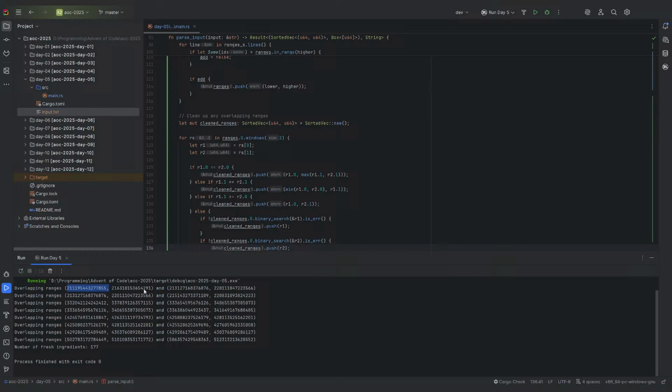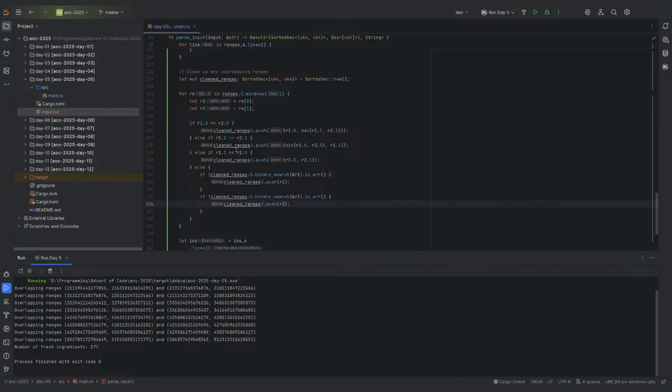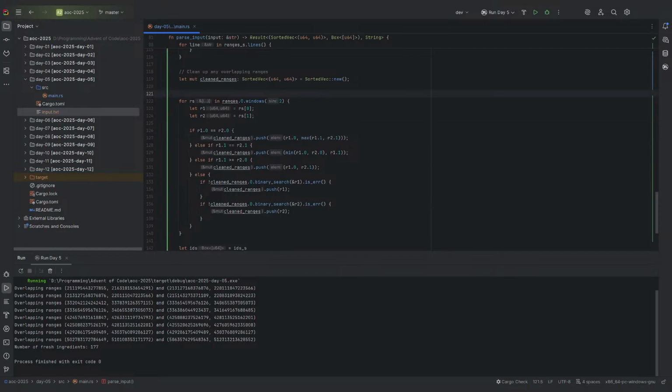Why? Why is that? Fuck it, I can just keep running the cleanup pass till it's done, right?